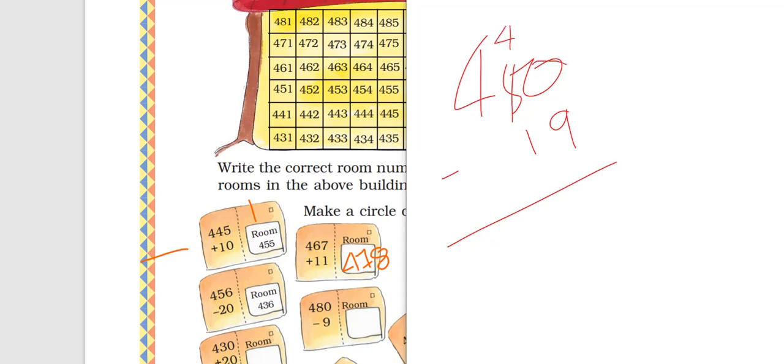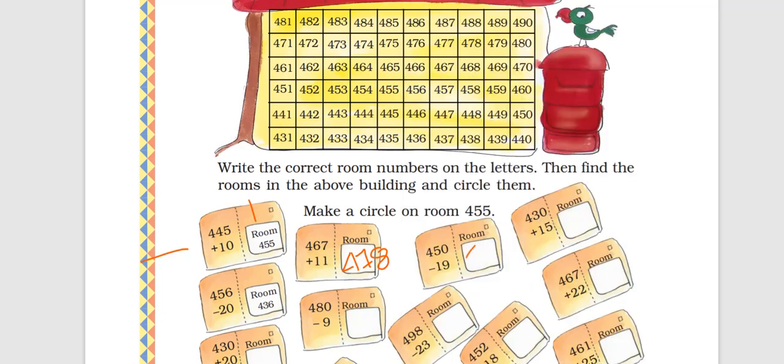Let's give away 1 10, leaving 4 tens, and we got 10 ones. 10 minus 9 is 1. 4 minus 1 is 3 tens, and 4 minus 0 hundreds is 400s. 431. 430 plus 15. 5 and 0 ones is 5. 3 and 1 10 is 4. 4 and 0 hundreds is 400.